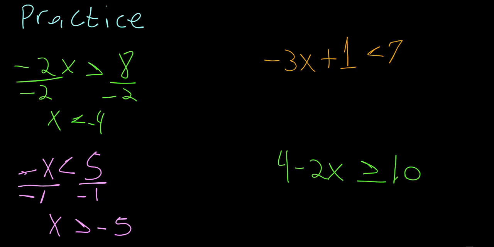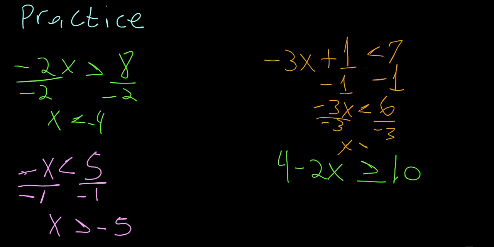Pop over to top right over here. We're going to subtract 1, and we're going to get -3x is less than 6. We're going to divide by -3, divide by -3, and we'll get x is greater than, we're flipping the sign, -2.